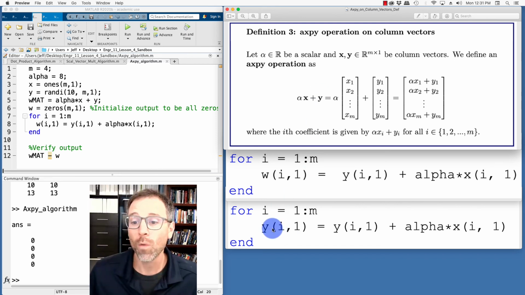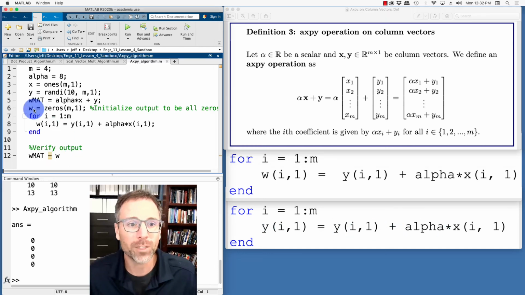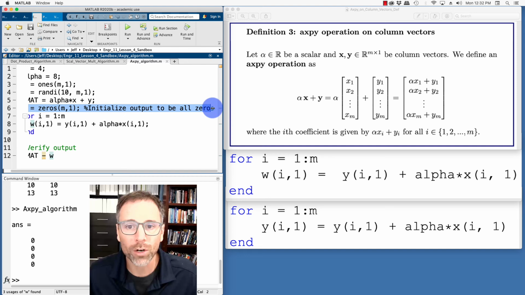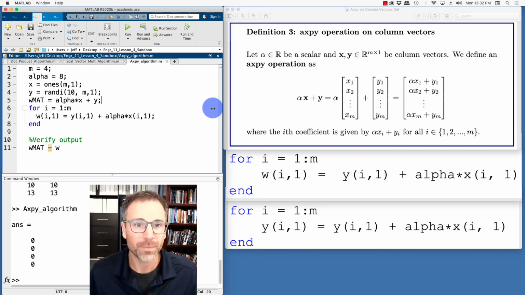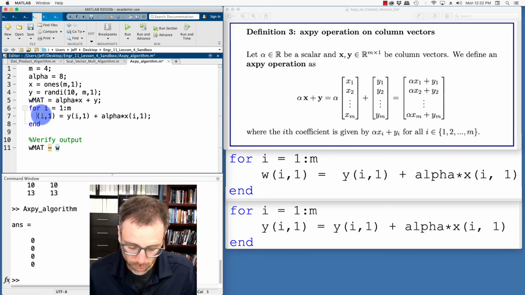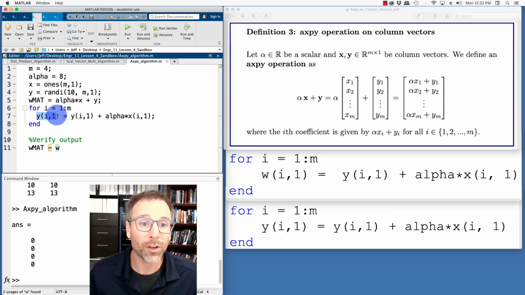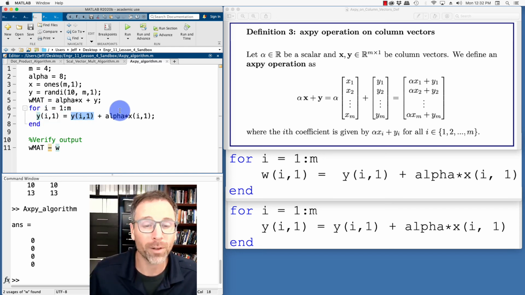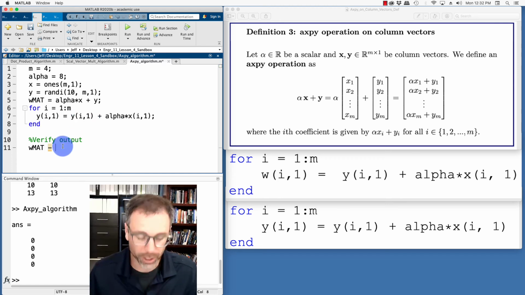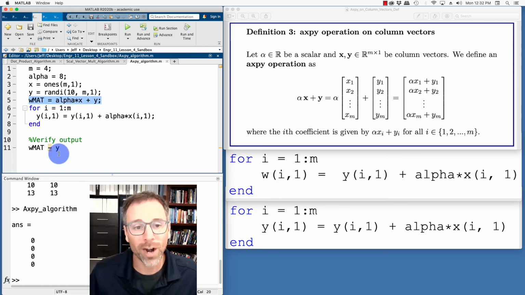What we're going to do is overwrite each value of y with the individual axpy operation, which means when we go over here, we no longer need a new vector in memory. We overwrite each new value of y with y plus alpha x_i for each individual loop. Then we compare the output of our axpy with this value.